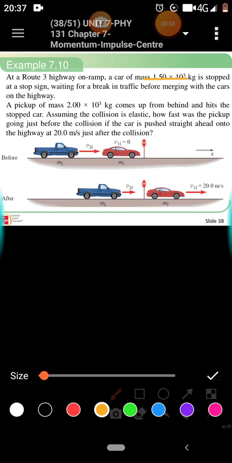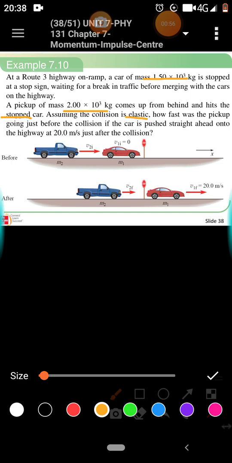A pickup, another car of mass 2 times 10 to the power 3 kg, comes up from behind and hits the stopped car. Assume the collision is elastic.